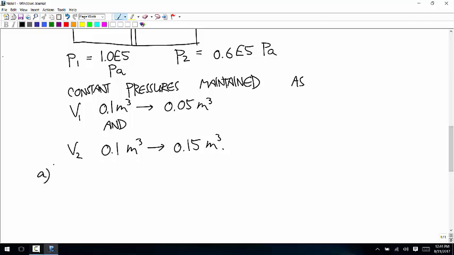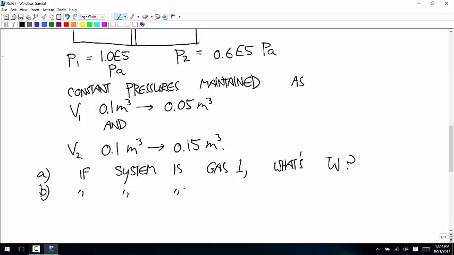Okay, so first, if the system is gas 1, what's W? Now we're talking about that thermodynamic sign convention for W. And second, if the system is gas 2, what's W?